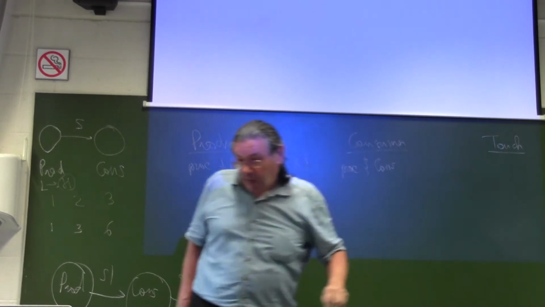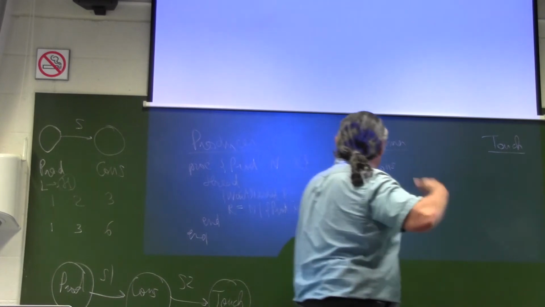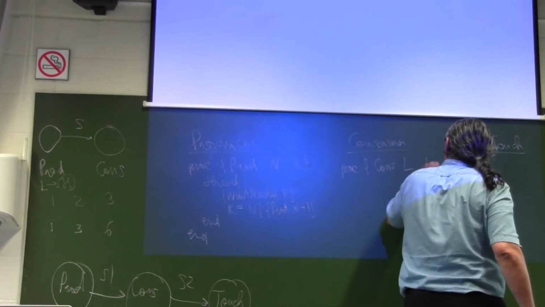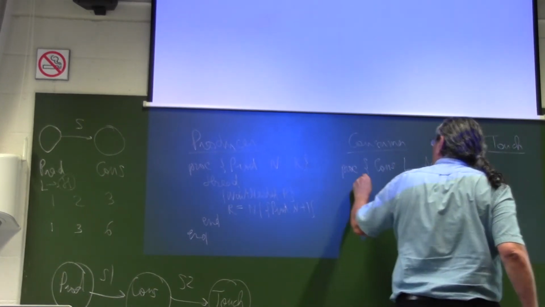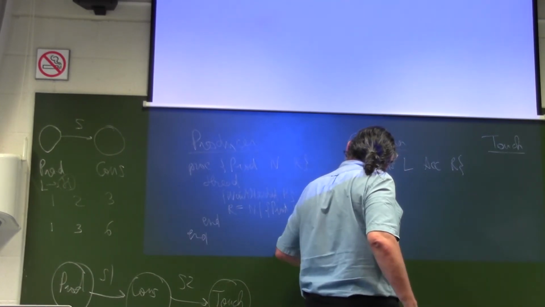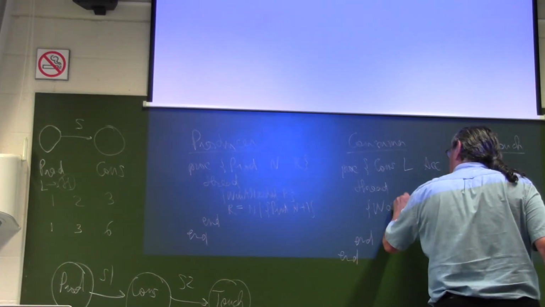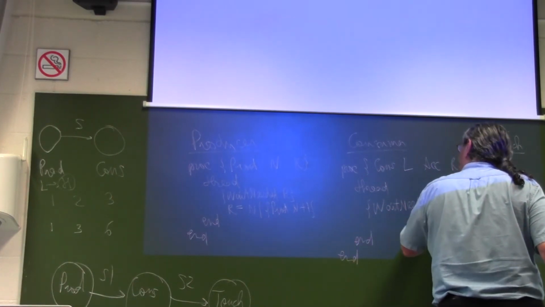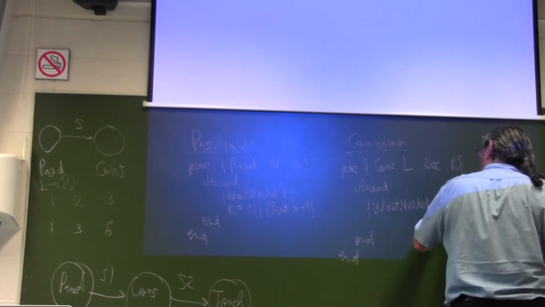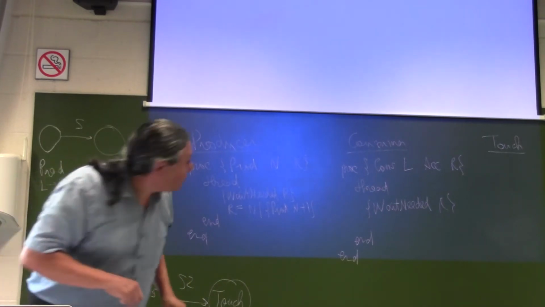Consumer, so let me see that I get the arguments right here. So there's an L, an accumulator, and a result. A thread end, a wait needed. Okay, wait needed of R. And now, the interesting thing about the consumer is it has a case statement.